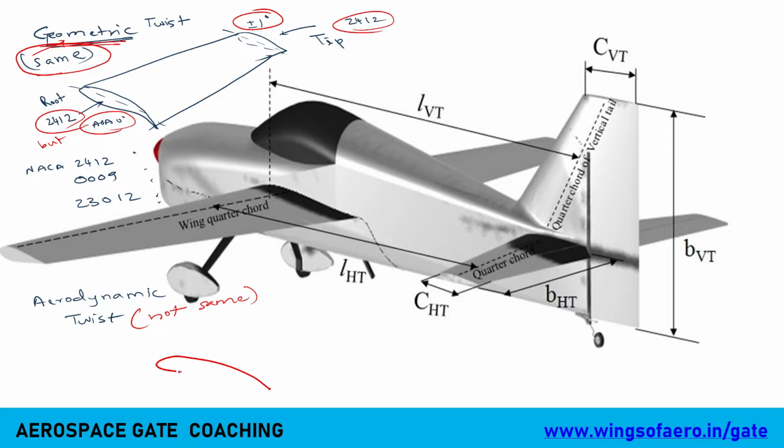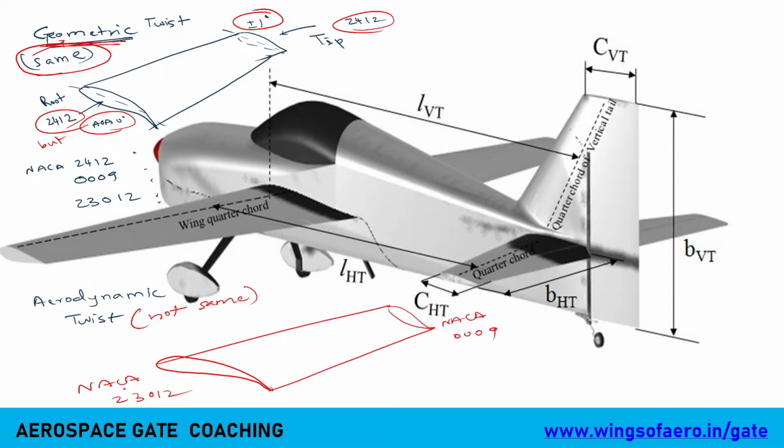So if in the root section I am using NACA 23012, 5 digit, with the same incidence I am using here NACA 0009, a symmetrical airfoil.